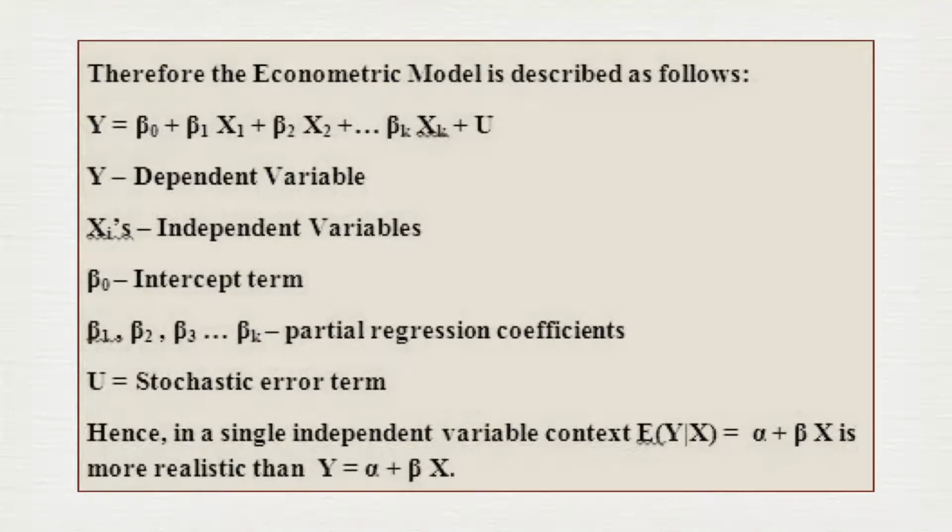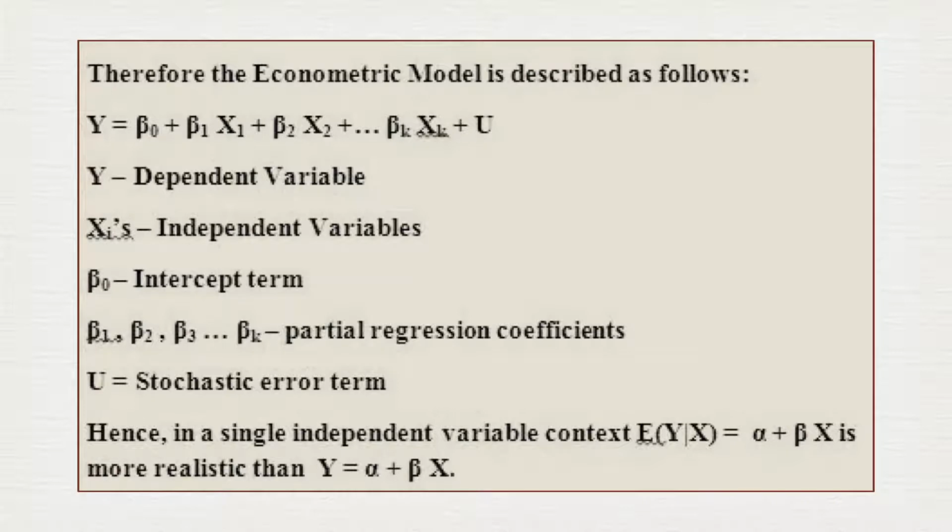Therefore, the econometric model is described as y = beta0 + beta1 x1 + beta2 x2 + ... + betak xk + u, where y is the dependent variable, x's are independent variables, beta0 is the intercept term, other beta i's are partial regression coefficients, and u is a stochastic term.